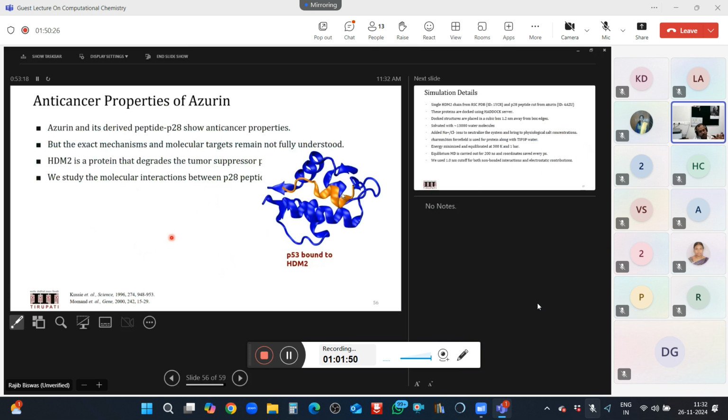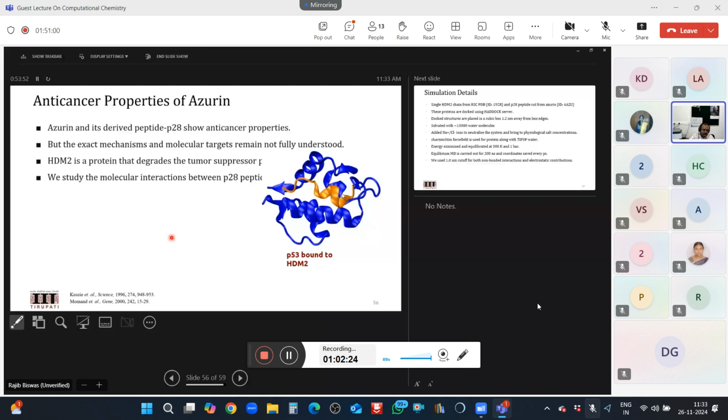So now if we would like to understand cancer, cancer is nothing but uncontrolled cell growth. There is one protein molecule which is known as p53, which suppresses tumor growth. And this azurin, the metalloprotein azurin, which I just talked about, and its derived peptide, a 28 amino acid sequence from this azurin, is found to be very efficient in restricting several cancer or tumor growths in several cancer patients.